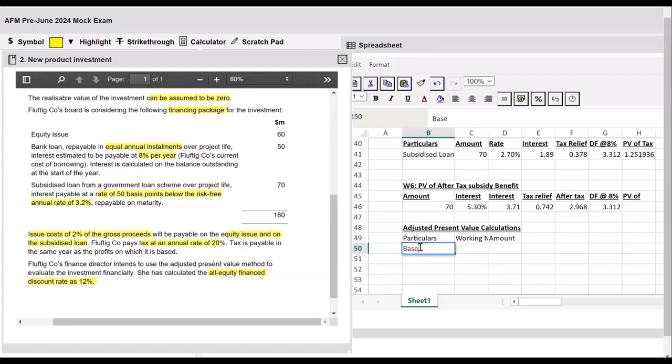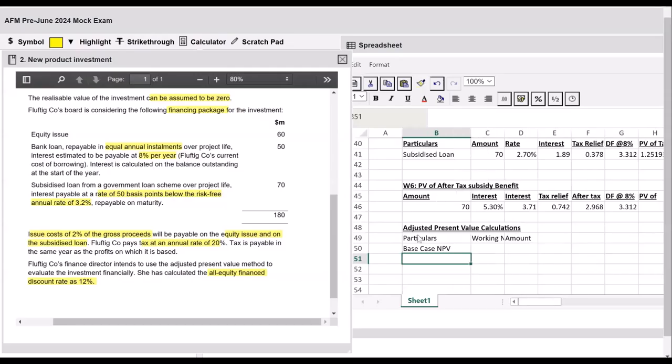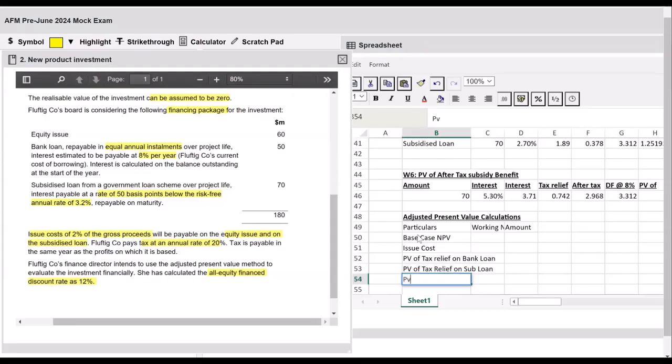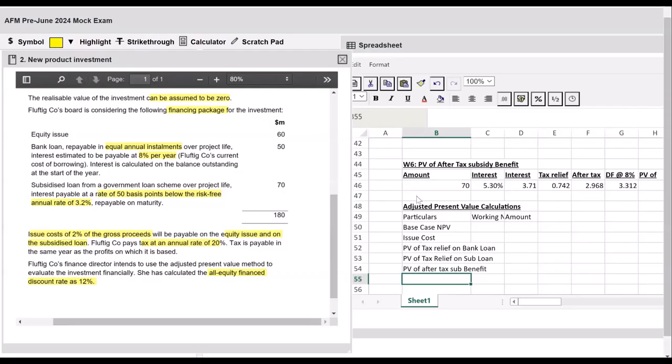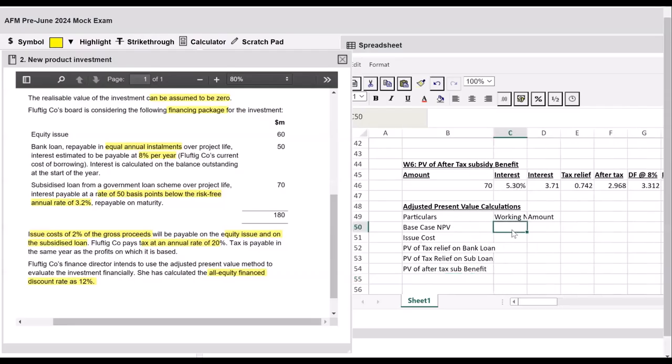The first one is the calculation of the base case NPV, and then we've got the issue cost, the present value of tax relief on bank loan, the present value of tax relief on the subsidized loan as well, and finally the present value of after tax subsidy benefit. And picking all those from the respective working note.